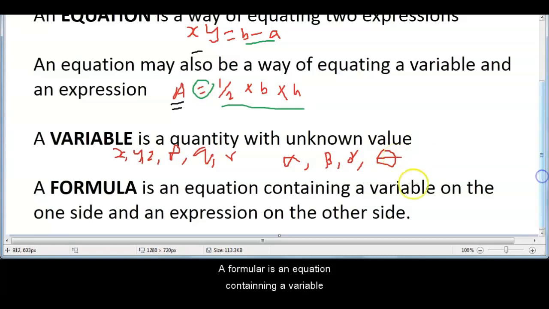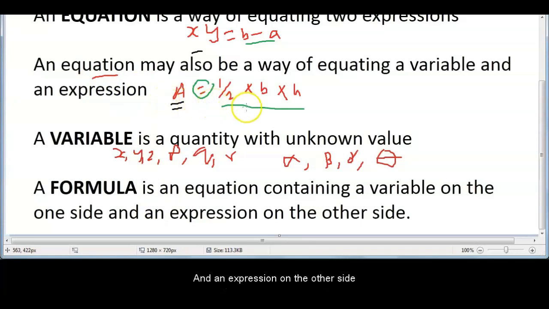A formula is an equation containing a variable on one side and an expression on the other side. So a formula is an equation, but the type of equation that has a variable on one side and an expression on the other side.